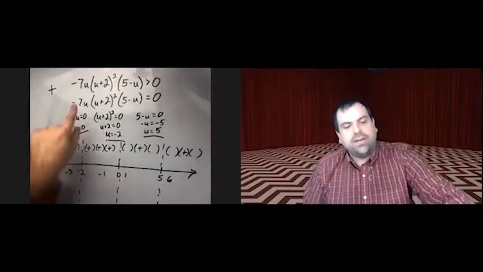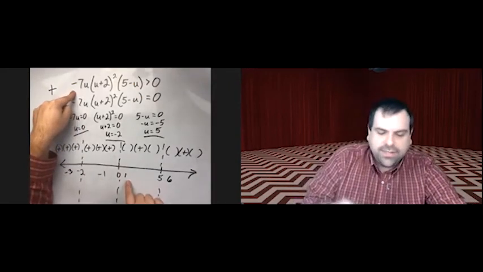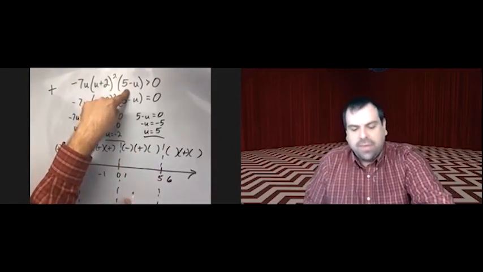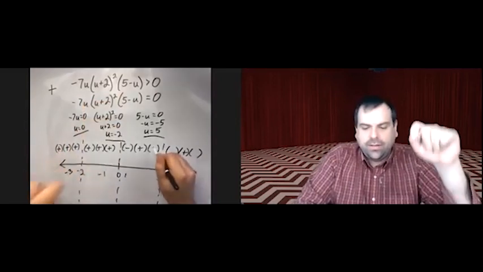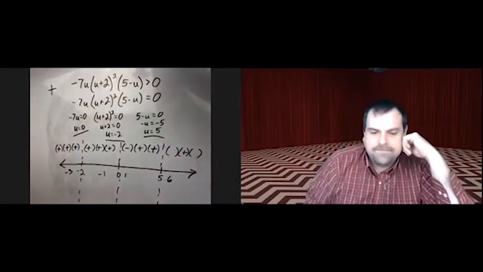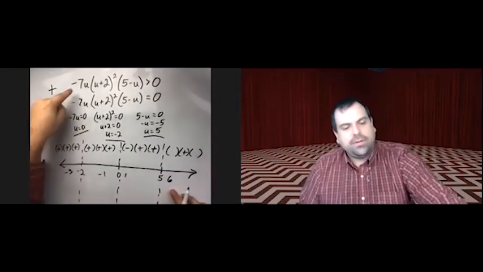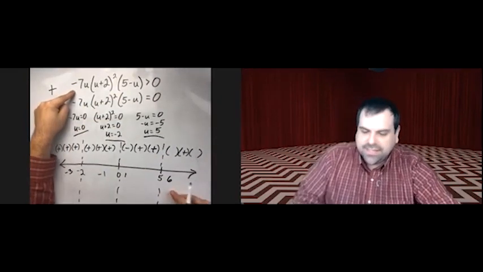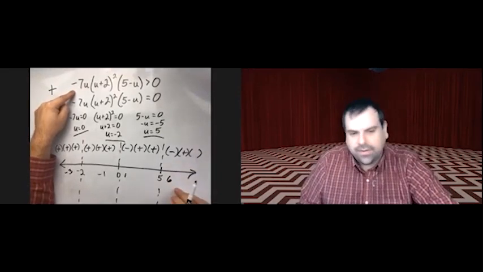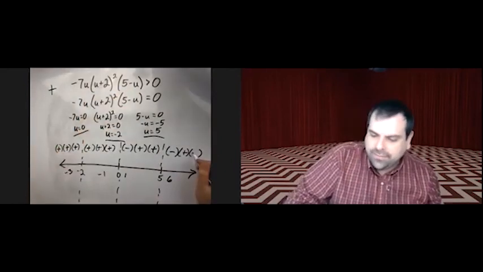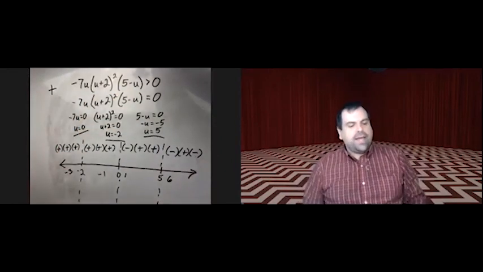Let's go to positive 1. Negative 7 times positive 1 is negative. 5 minus 1, that's positive. And over here, 6 is playing now. Negative 7 times 6 is negative. 5 minus 6 is negative.